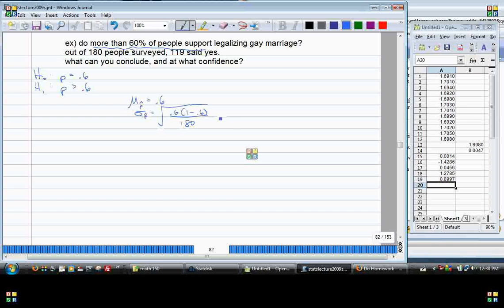So you work that out, and what does it give you? That equals the square root of 0.6 times 0.4 divided by 180, and that is 0.0365.